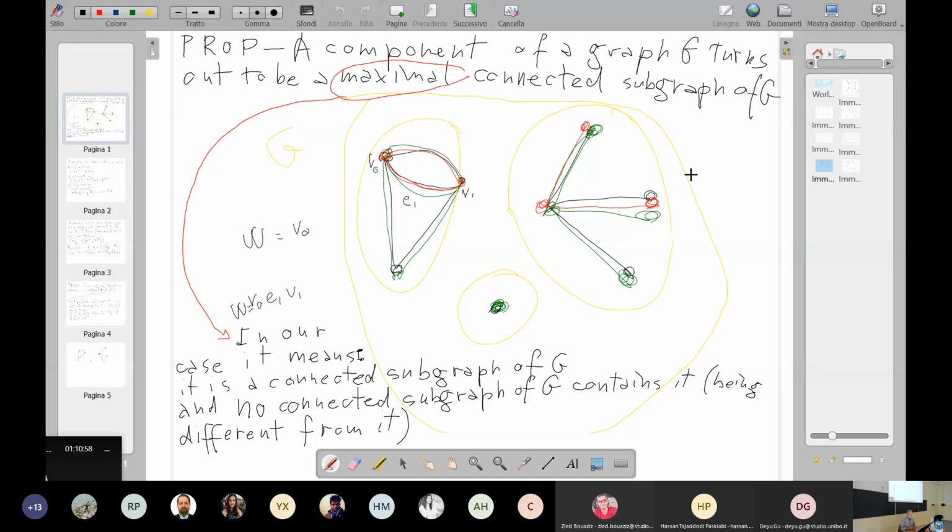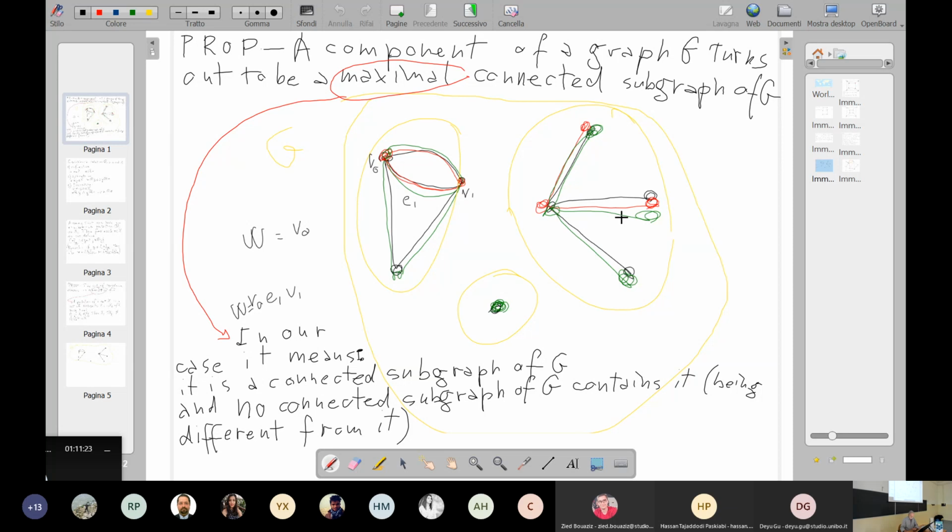Is it a component? No, if we believe our proposition, which I'm not proving, okay? Just please believe me. Why is it not a component? Because there is a bigger subgraph, meaning a subgraph which contains this red subgraph, which is also connected.